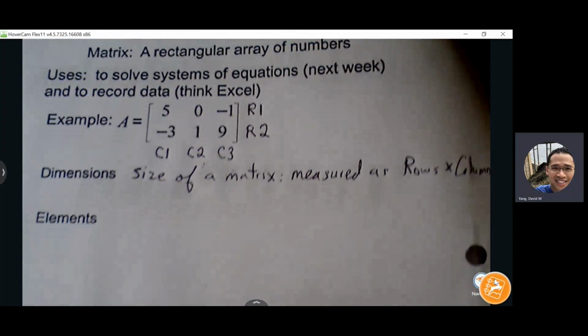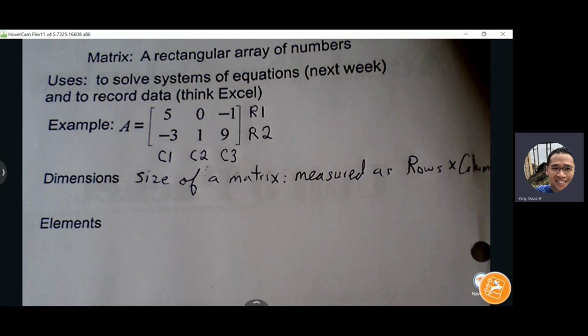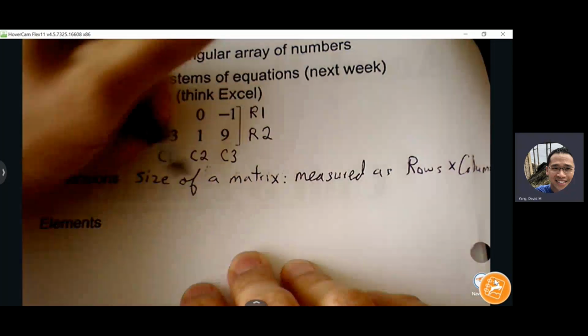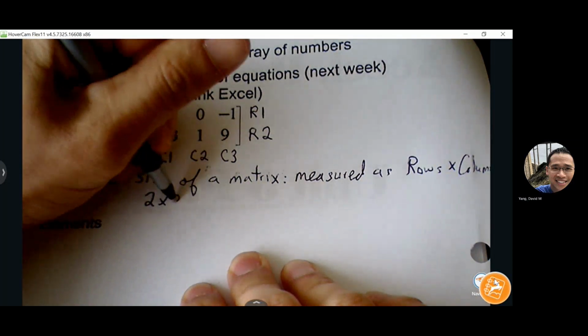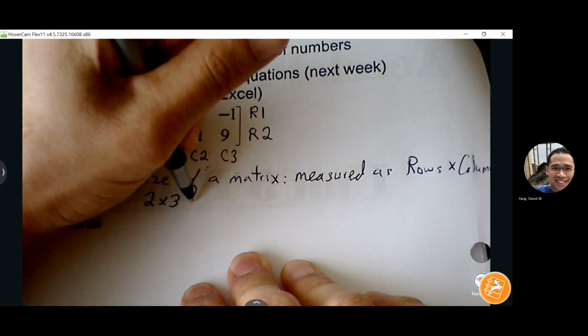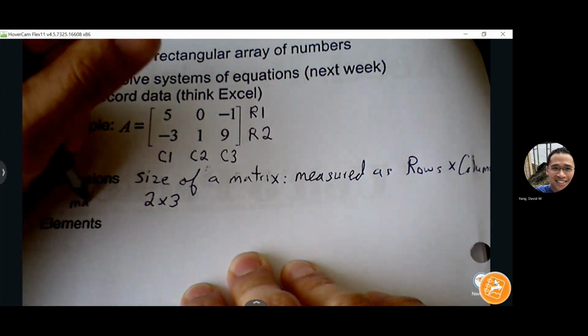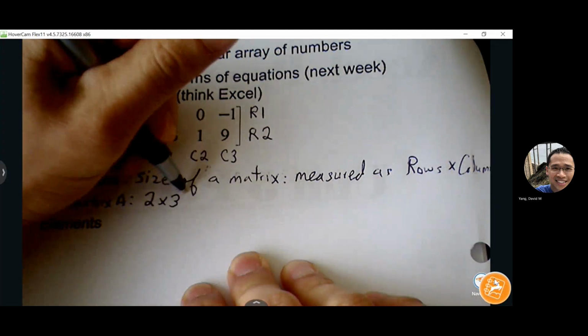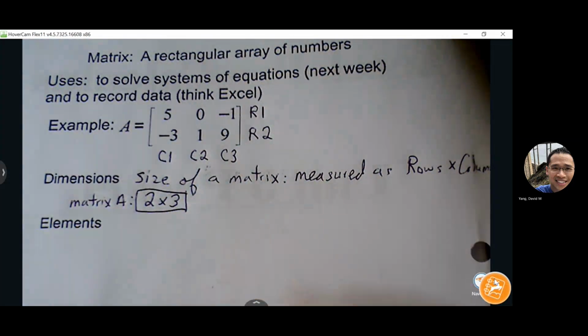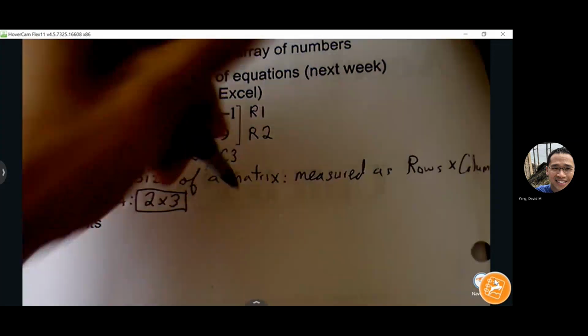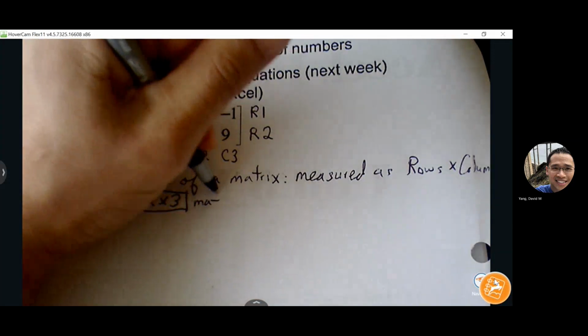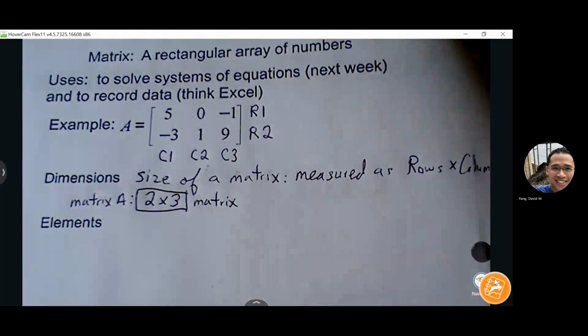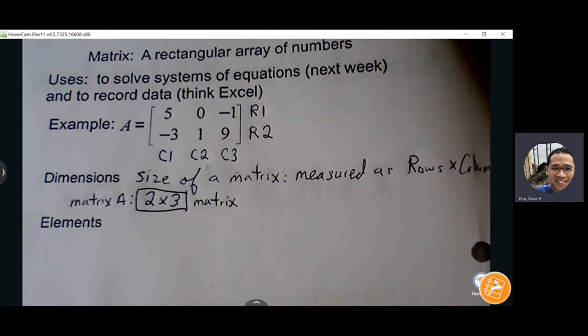So we say this is a 2 by 3 matrix because we have 2 rows and 3 columns. Two rows by 3 columns. Okay, any questions with that?